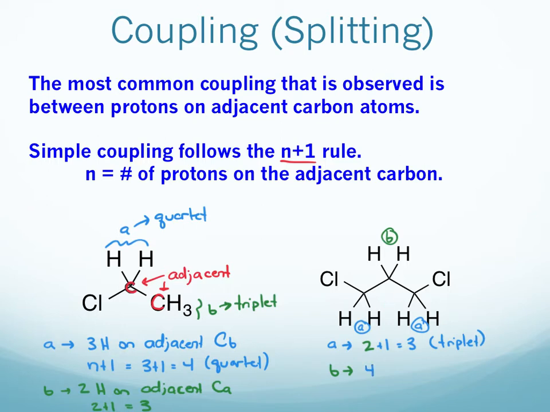So from B, we get 4 plus 1, which is 5, and that's a quintet. Sometimes people also refer to this as a pentet, but quintet's the technical term.